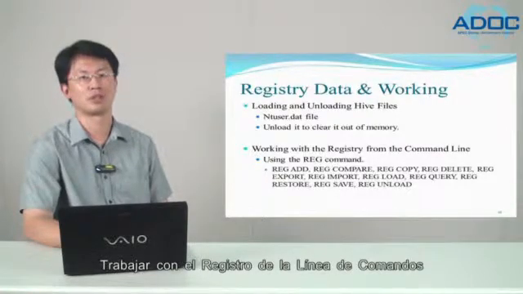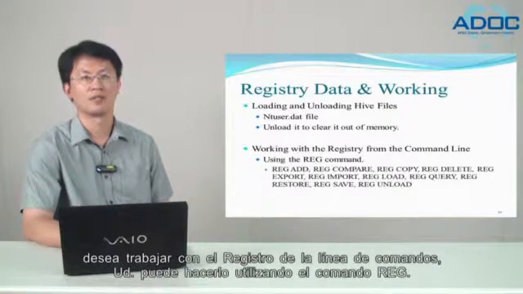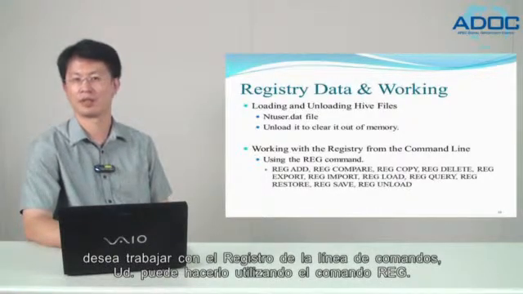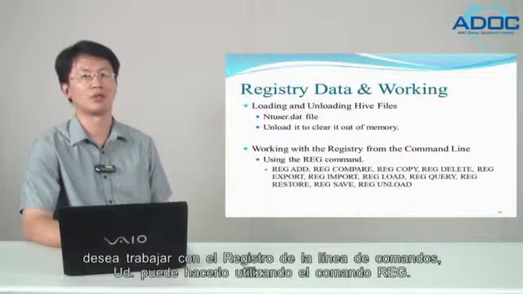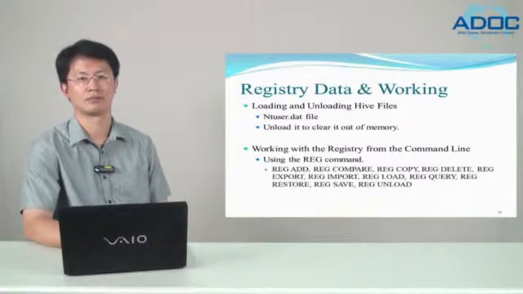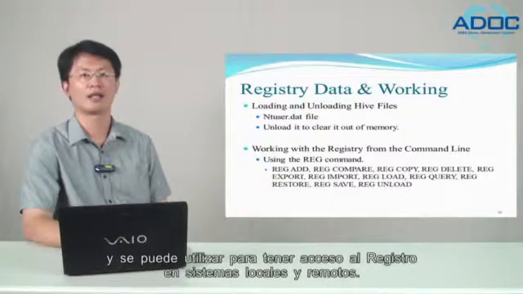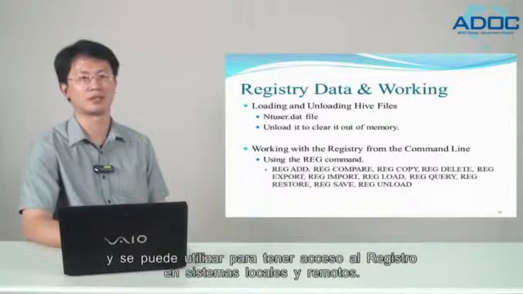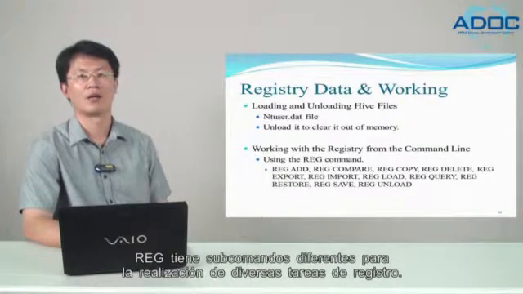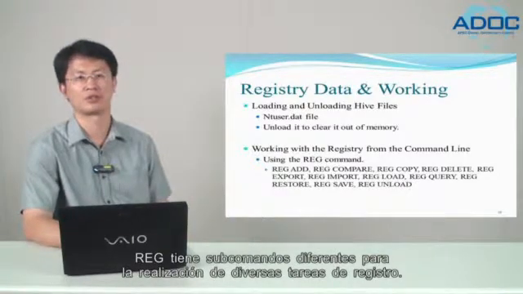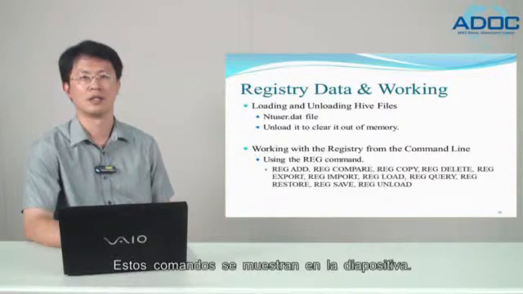Working with the registry from the command line: if you want to work with the registry from the command line, you can do so using the reg command. Reg is run using the permissions of the current user and can be used to access the registry on both local and remote systems. Reg has different subcommands for performing various registry tasks, and these commands are shown in the slide.